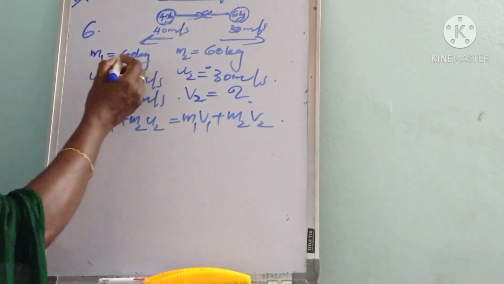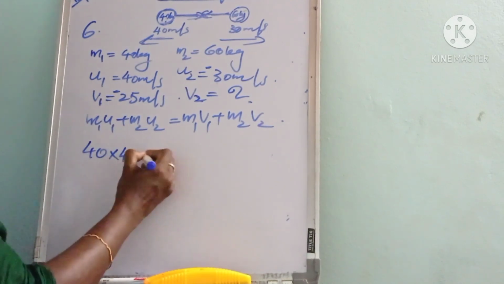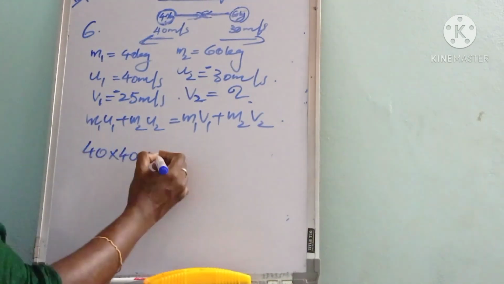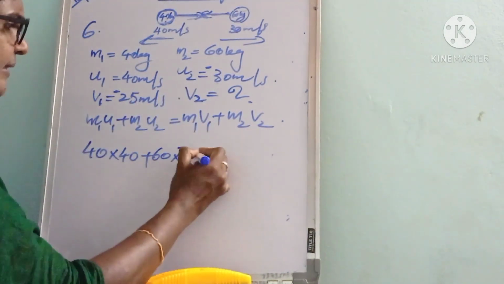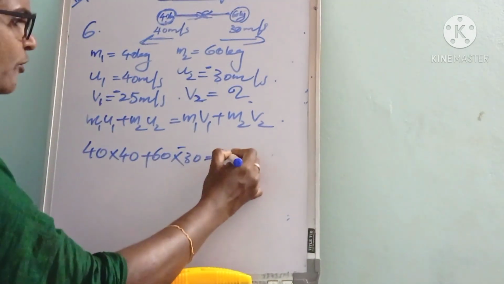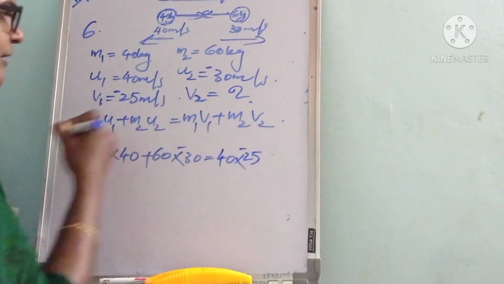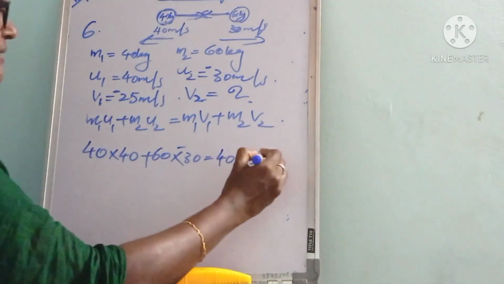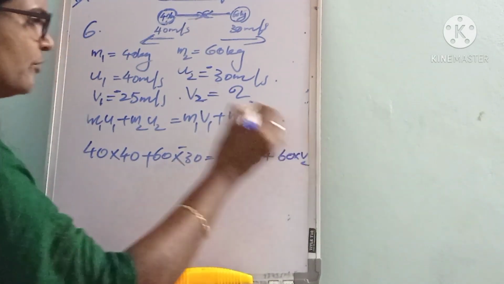Then we can substitute m1 as 40, u1 as 40, plus m2 as 60, u2 as minus 30, that is equal to m1v1, that is 40 into minus 25, plus m2, which is 60, into v2.